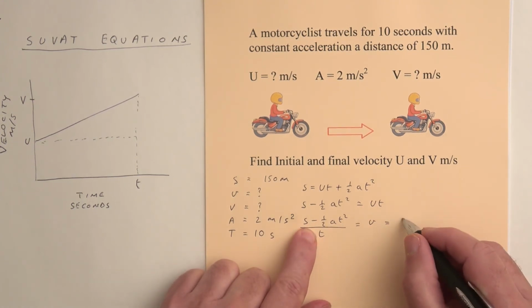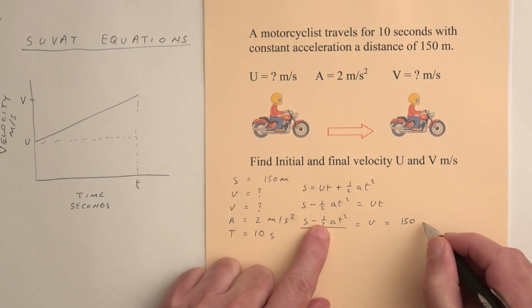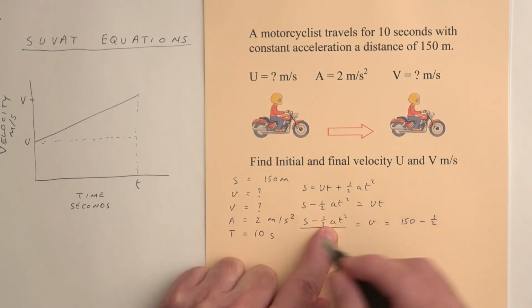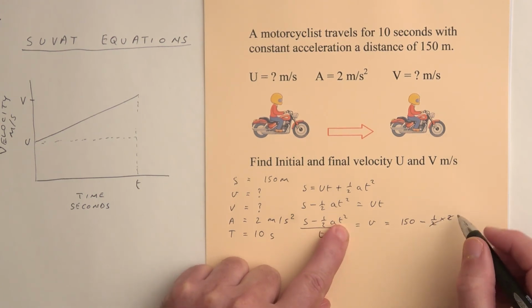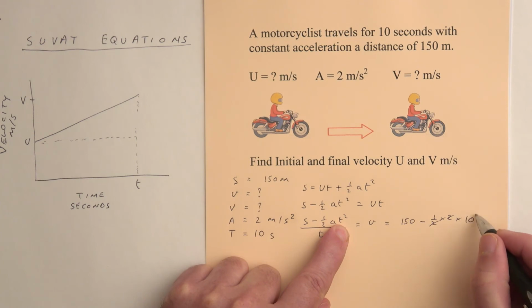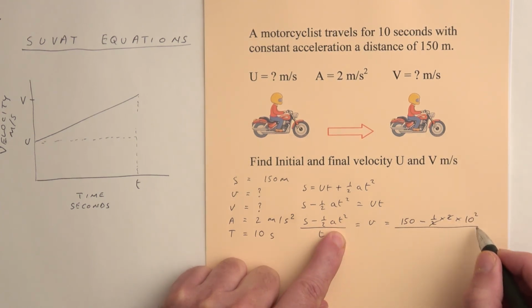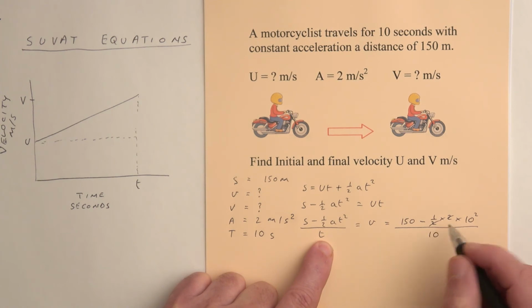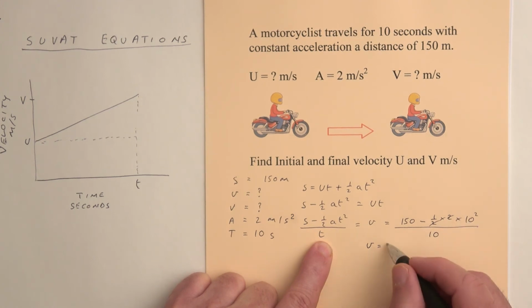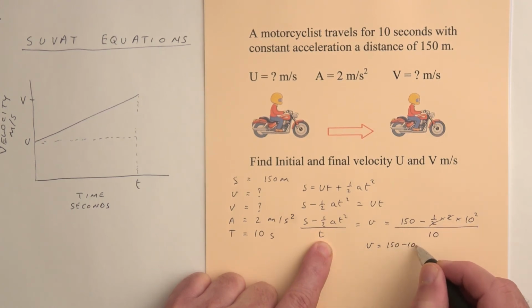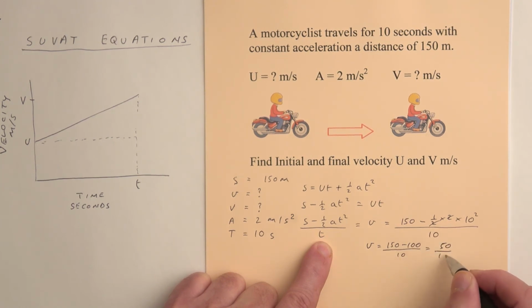I'm going to put all the bits in this side. Let's see what we come up with. 150 minus 100. Okay. Over 10. Oh, it's going to be 50 over 10, isn't it? So our initial velocity is 5 meters per second.